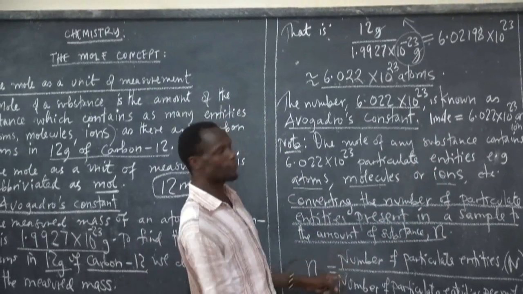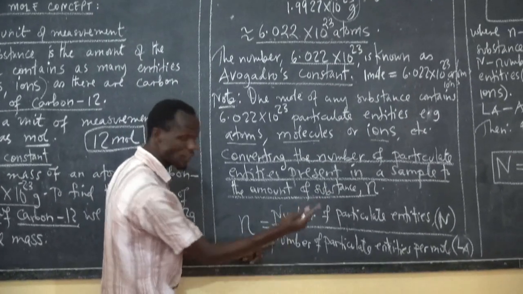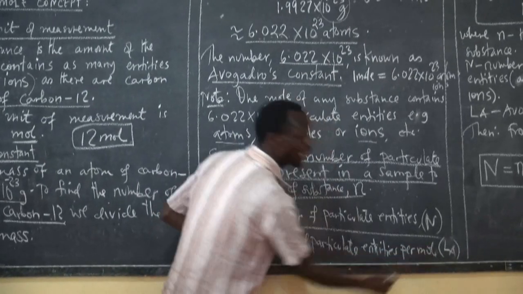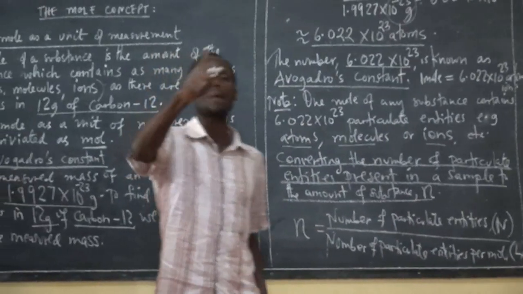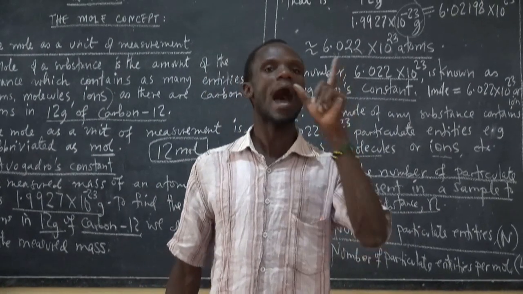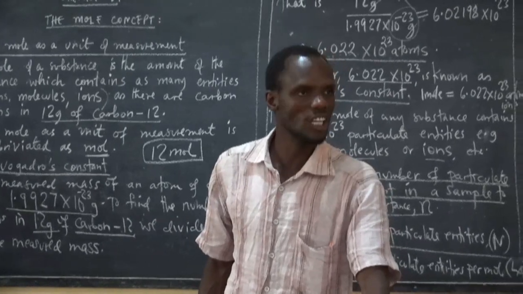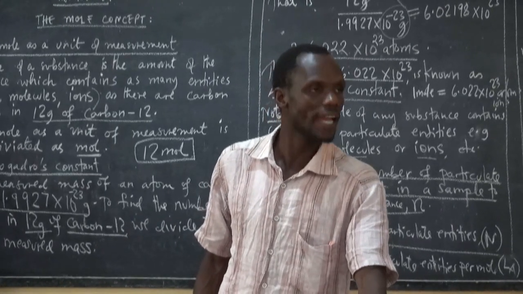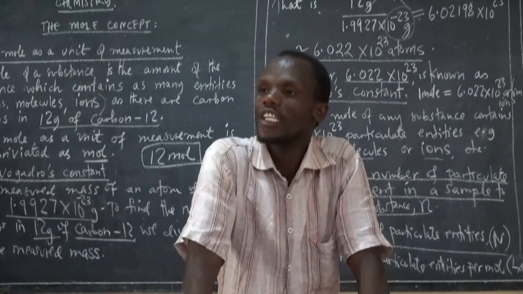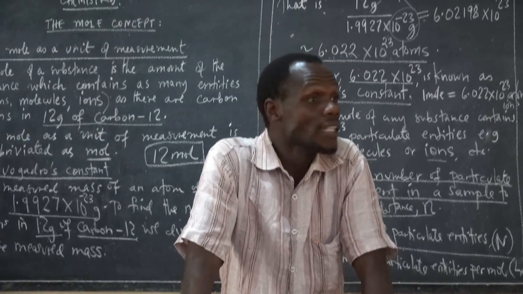That's why in the formula I've not written Avogadro's constant directly, but the number of particulate entities per mole. Number of particulate entities per 1 mole means 1 mole is equal to Avogadro's constant, which is equal to 6.022 times 10 raised to power 23 particulate entities.